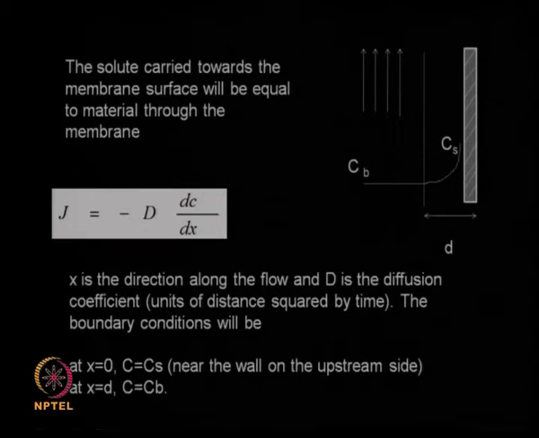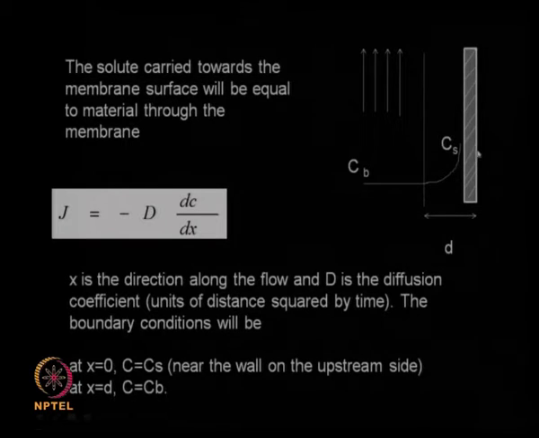Now let us look at some mathematical jugglery and calculate the concentration polarization as we move from the bulk of the liquid to the surface on the upstream of your membrane. You use Fick's law of diffusion for this, because whatever solute is getting carried towards the membrane surface will be equal to the material that is passing through the membrane.